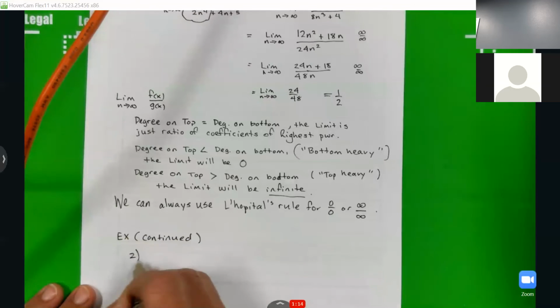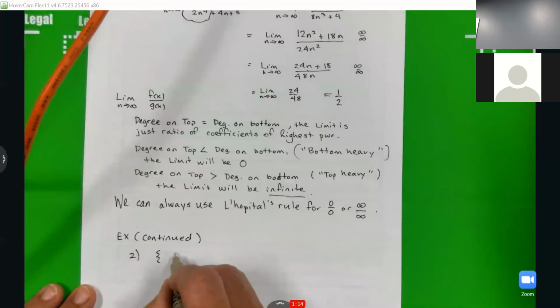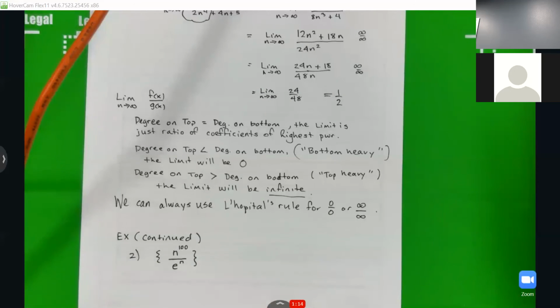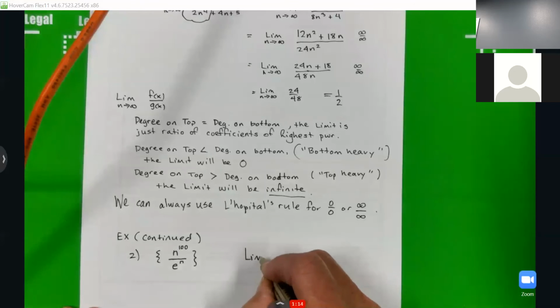here's example 2, find the limit of the sequence. Suppose I have an n to the 100 power, and I divide it by e to the n. And I want to know if that sequence has a limit.